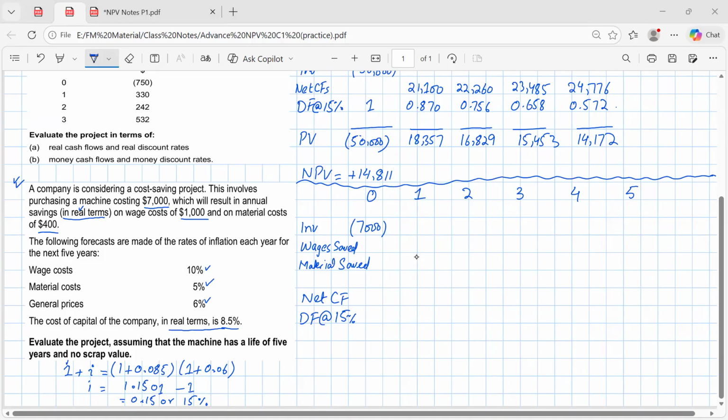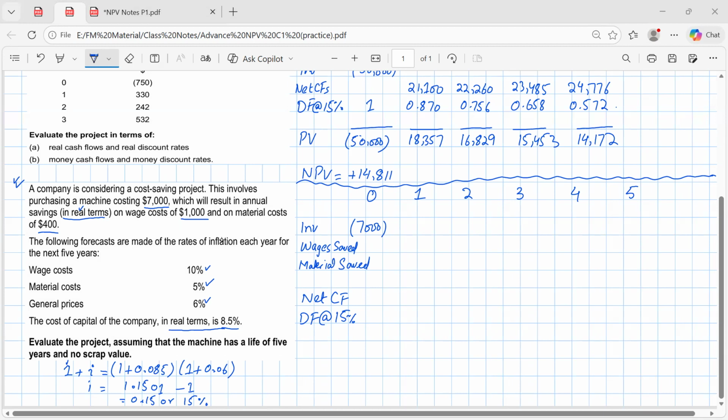Look, it's mentioned now. I told you just before this question that if the specific rates of inflation are given to you, you have to use those. The general rate you use in the Fisher effect formula. If the specific rates are given in the question, inflate the cash flow using those rates.